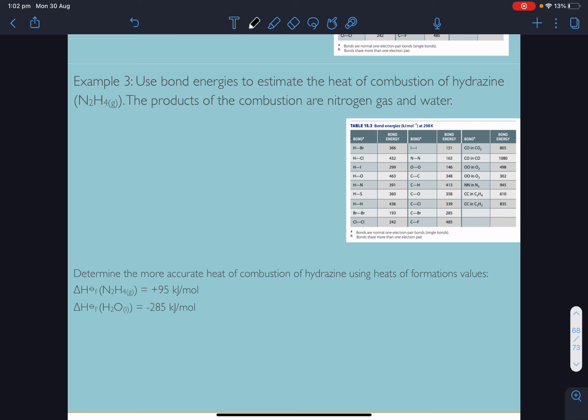N2H4. Hydrogen forms single bonds. Why am I drawing a carbon there? Nitrogen likes to form 3 bonds. So we've got this molecule, plus O2, giving nitrogen gas and water.